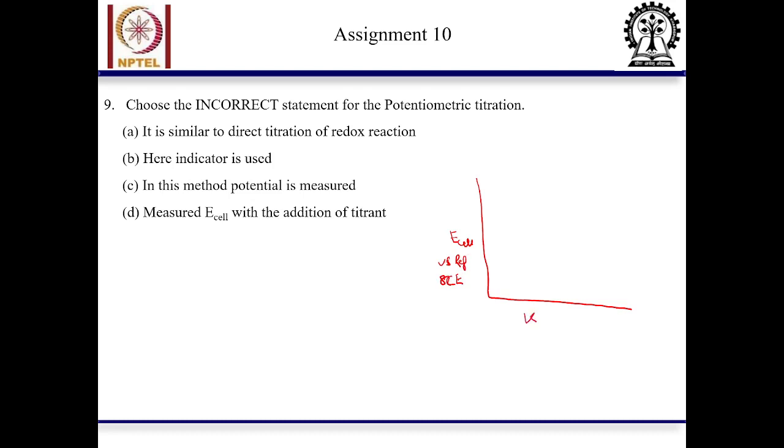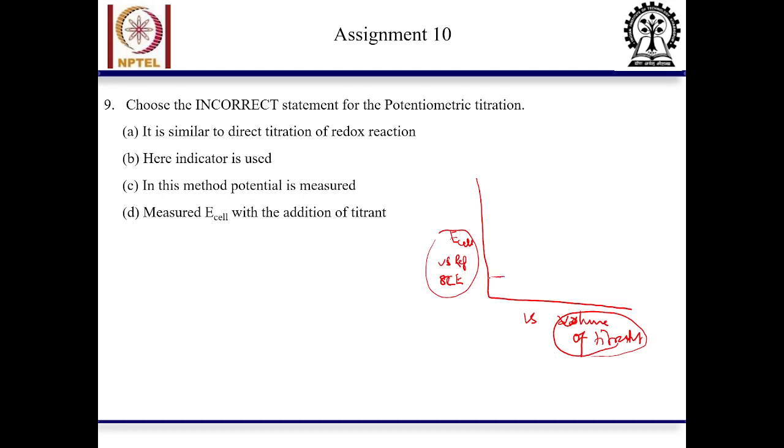We plot it versus the volume of the titrant. So on the y-axis it will be the cell potential, and on the x-axis it will be the volume of the titrant. Now the graph will look like this.